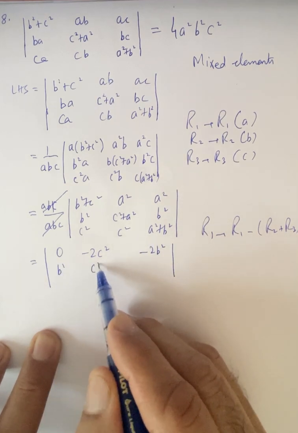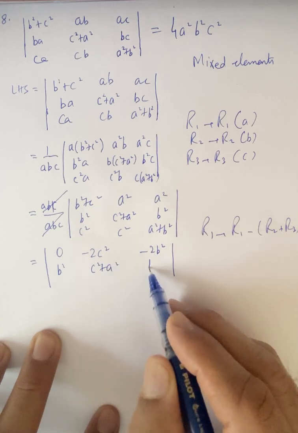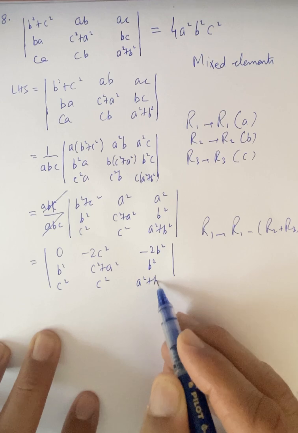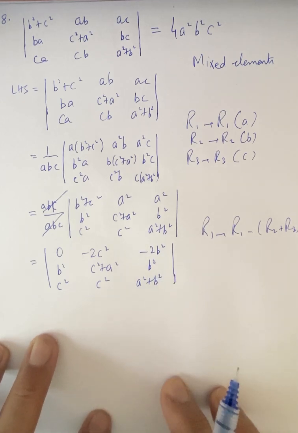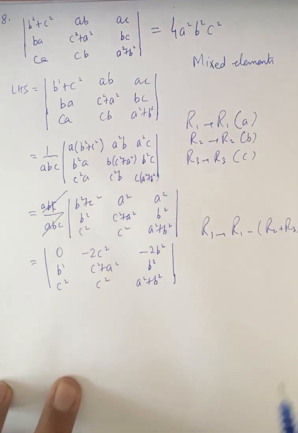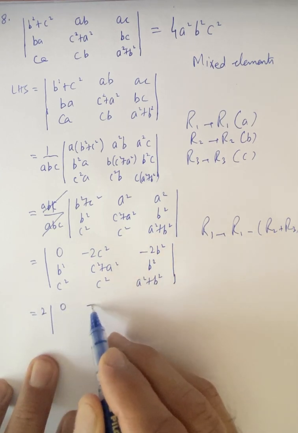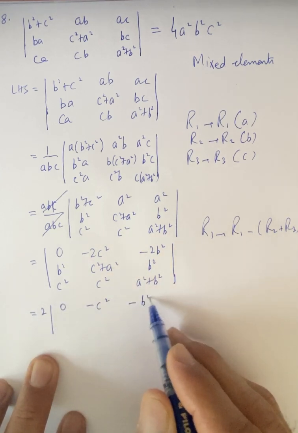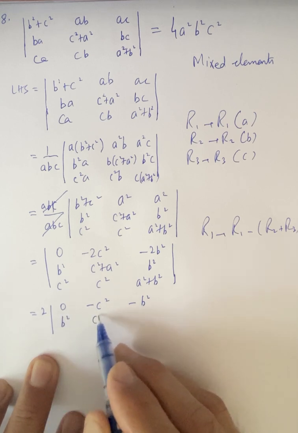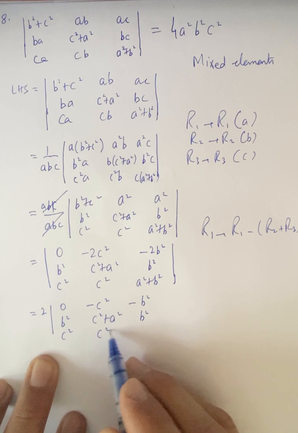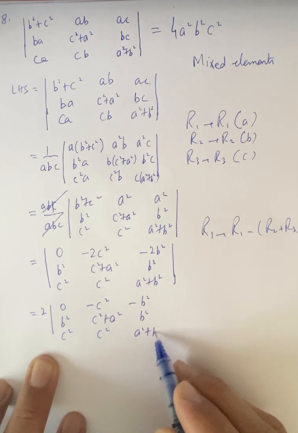Then b square, c square plus a square, this is b square. This is a square plus b square. We need 4, so we take 2 common. This is minus c square, minus b square. Then c square, a square plus b square.